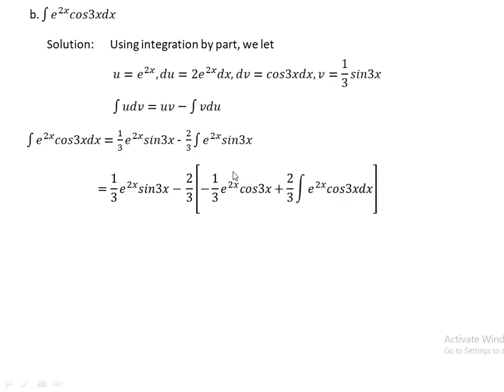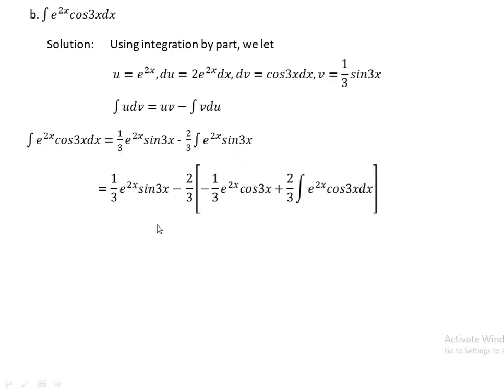The values in the closed bracket are the value for the integral of e to the power of 2x sine 3x, which is solved using integration by parts, by letting u equal e to the power of 2x and dv equal sine 3x.